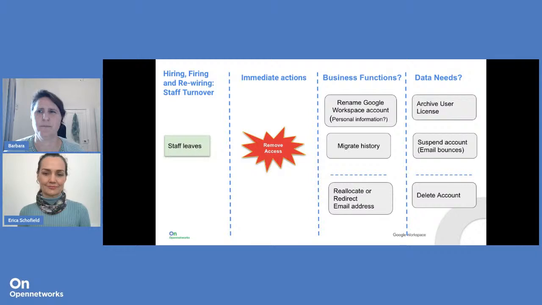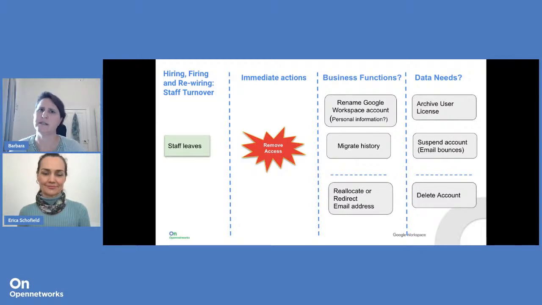So on the question of who needs to take over the business function, and how it should be taken over, the first question you need to ask is: does the person taking over the function need to see all of the historic mail and all the context that goes along with it, and refer to it on a daily basis?